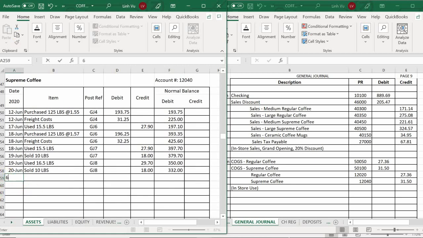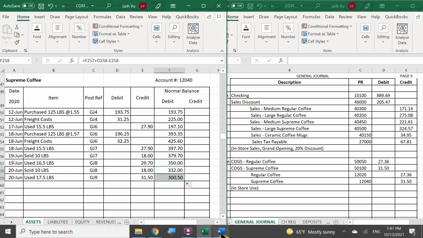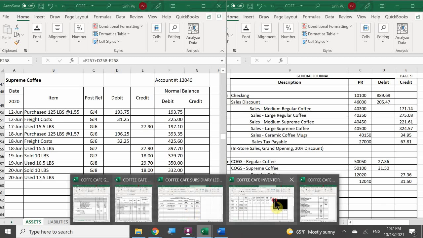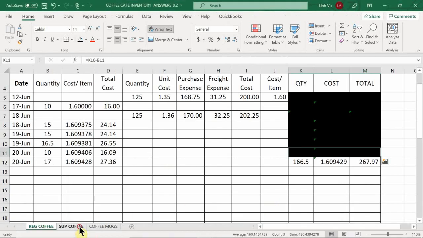We sell 17 and a half pounds. 32 minus 31.50, 300.50. Okay, let's double check that in our inventory worksheet.